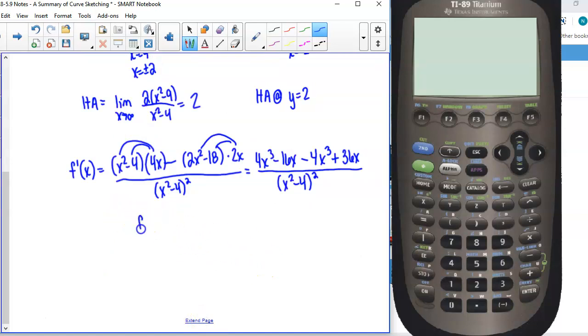And so our first derivative would be, the 4x cubed terms cancel. We'd end up with 20x over x squared minus 4 squared.